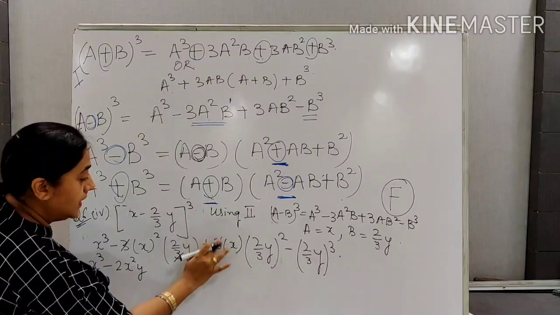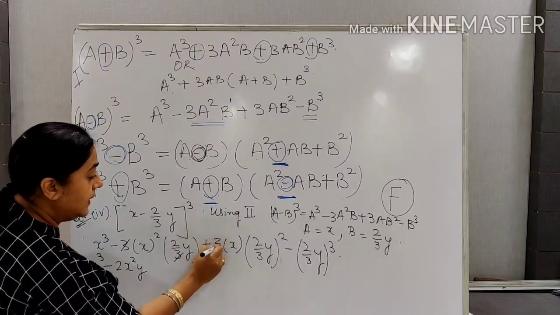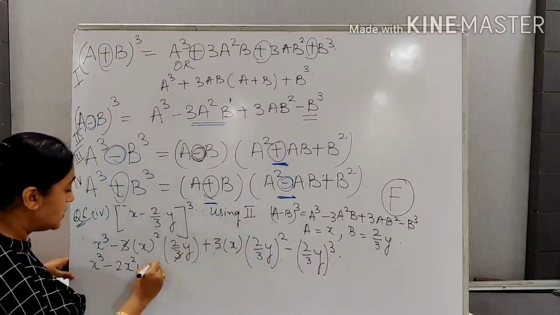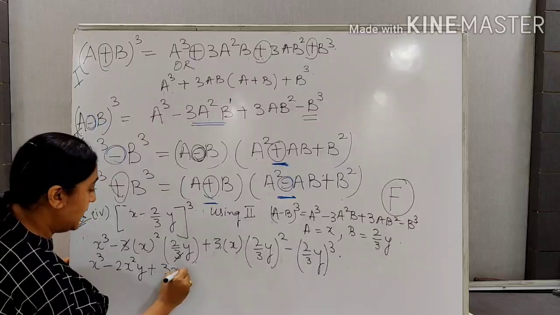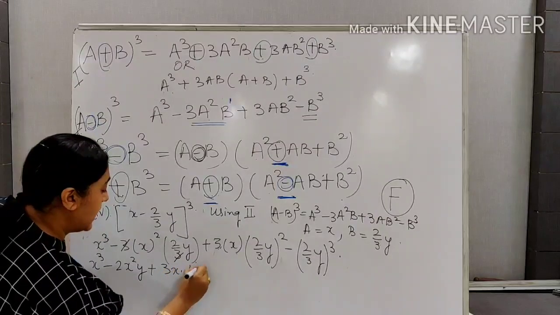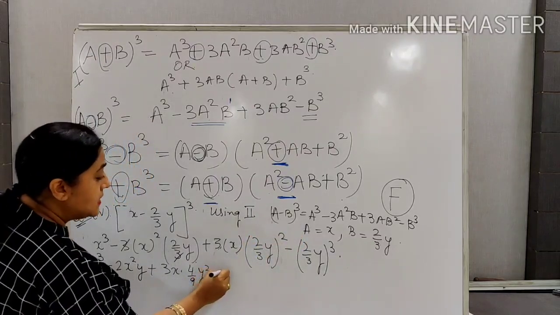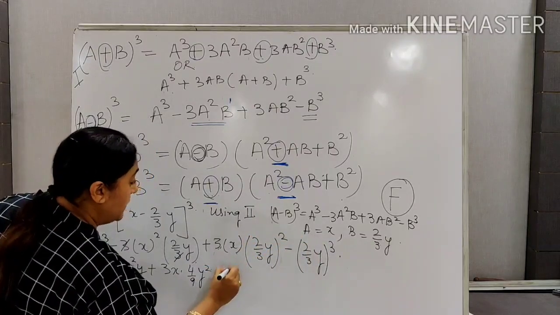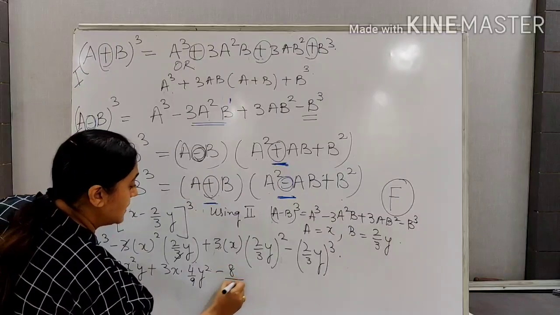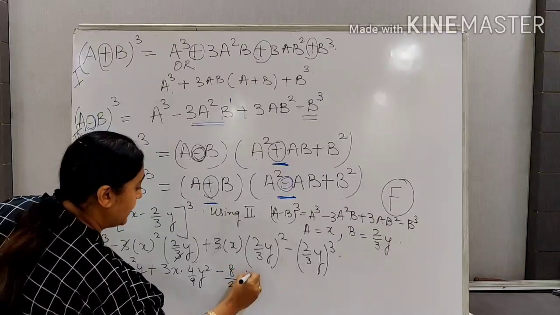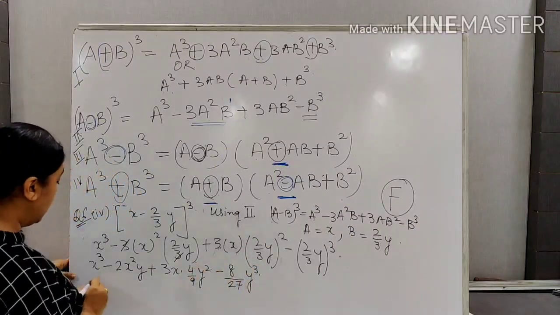Now again, sorry, here I can't cancel 3 and 3. Why? Because it is square. So I will write it as 3x into 4 by 9y square. Where did this 4 by 9 come from? 2 square and 3 square. Similarly, when I am talking about 2 cube, it is 8. What is 3 cube? It is 27y cube. Right? So what will you write?